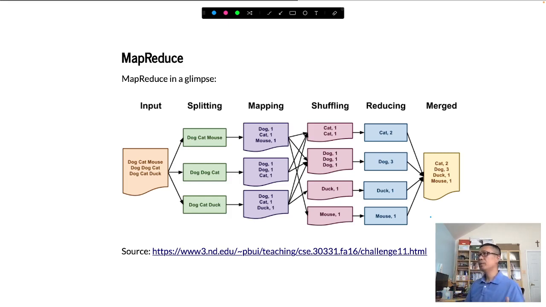And in the process of mapping and reducing, there are also other processes such as shuffling and combining to optimize the entire process. And then in the end, all the data can be merged and aggregated together. So the mapping, the reducing, all these processes can be distributed.